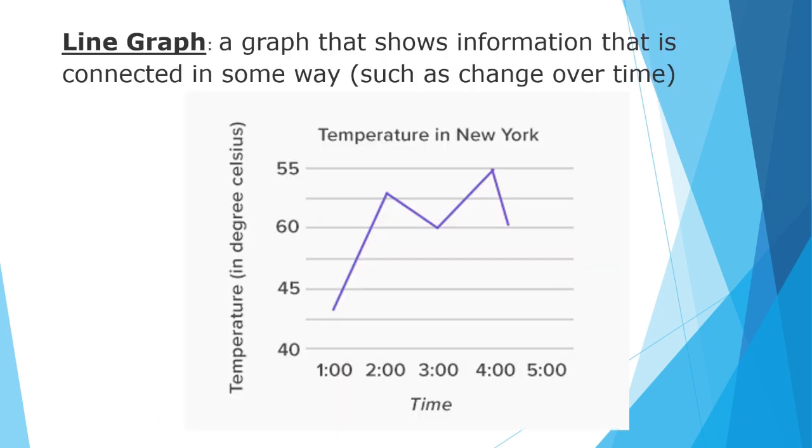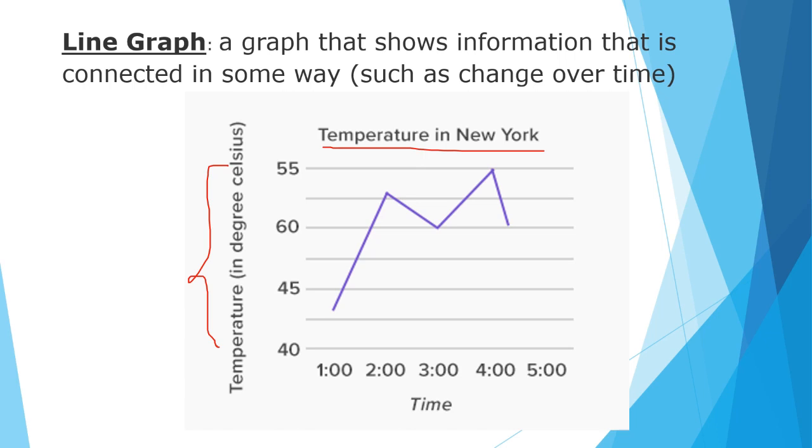Next naman, ang line graph. A graph that shows information that is connected in some way, such as change over time. So let's say, for example, we have here the temperature in New York. Okay, in this part of the graph, we will write the temperature in degrees Celsius.